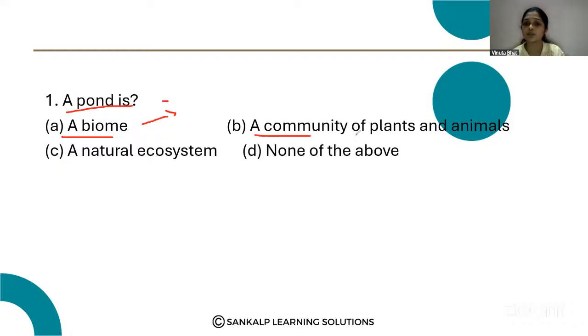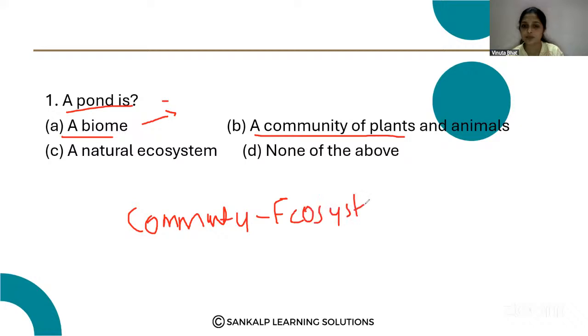A community of plants and animals. So here you should know, different plant and animal communities form the ecosystem. Different types of ecosystem, pond, lake, forest, together they form the biome.